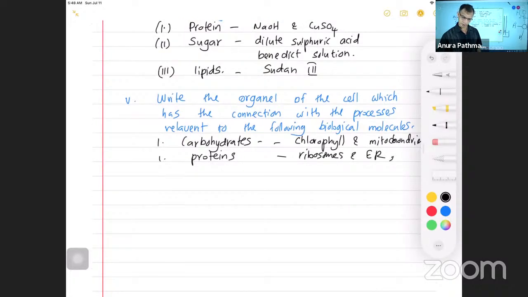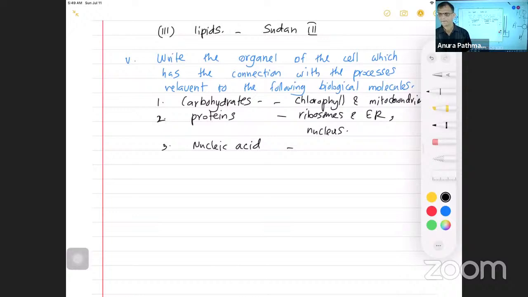Nucleus. Next. Nucleic acid. What's it? Nucleus, right? Nucleus, chromosomes.